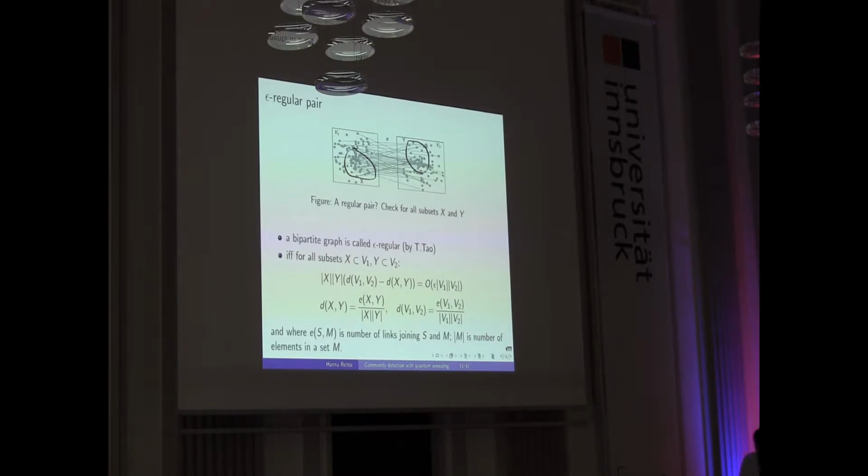Okay, and this regularity, epsilon regularity, as defined by the same Tao that I mentioned, it's the most convenient formulation for us. It states that if you look at this bipartite graph and any subset of nodes, then this kind of bound should hold, where epsilon is some positive number, and actually in the theorem it can be made as small as you wish.